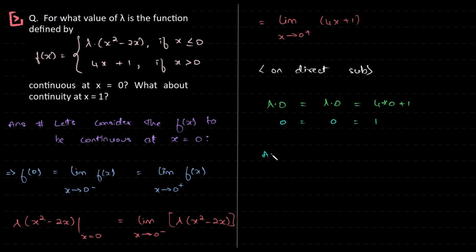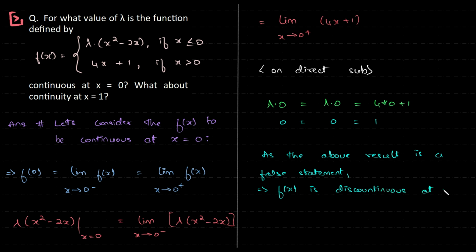So we can tell that the above result is a false statement. This implies f of x is discontinuous at x equal to 0 for any value of lambda.